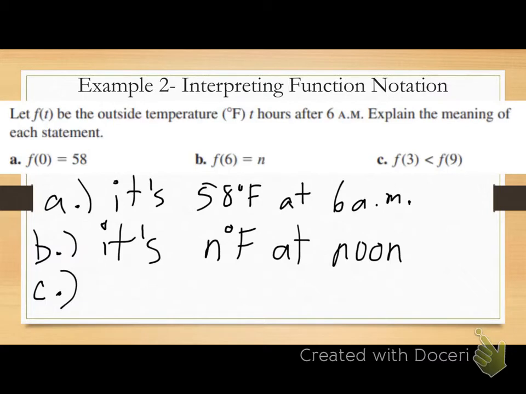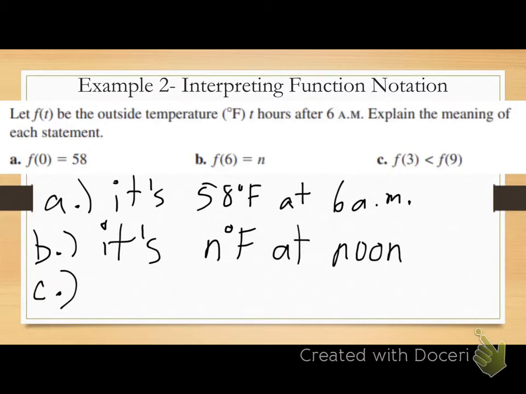Hotter at 9 o'clock than it is at 3. Does everyone agree with that? Yes. Okay. Wait. No. You said it's hotter at 9 than it is at 3? The temperature is greater.